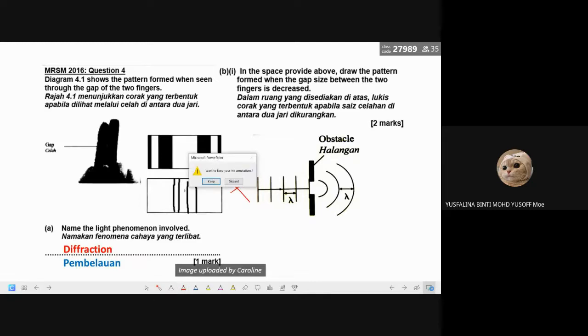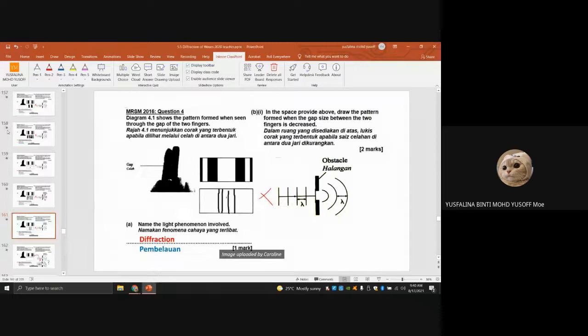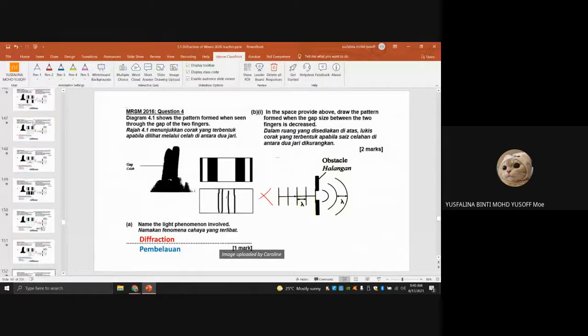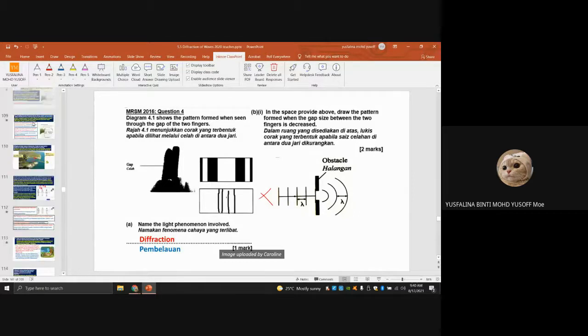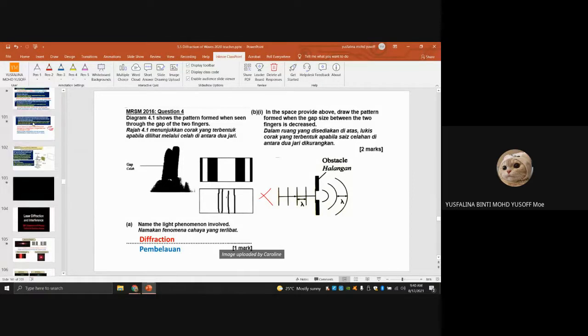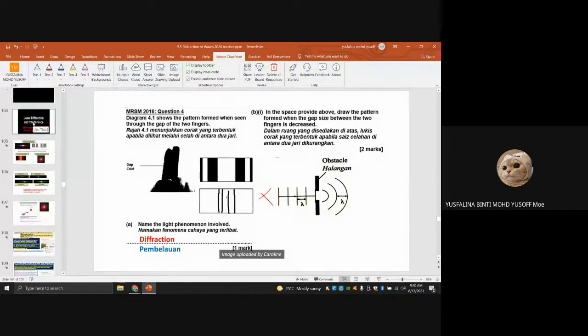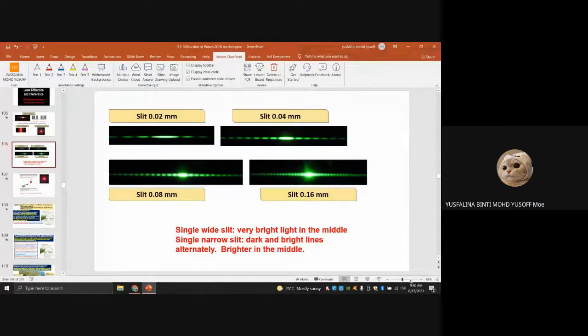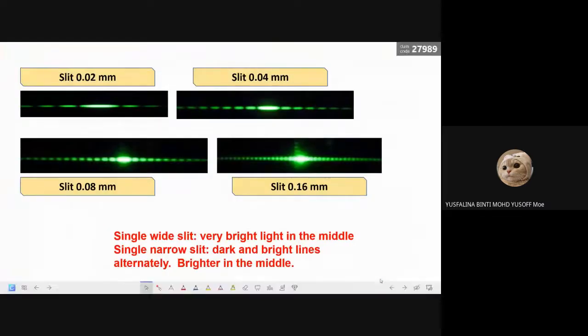The diffraction of light. Wait for a moment. This one, right? You can see the size of the slit increasing: 0.02, 0.04, 0.08, 0.16.